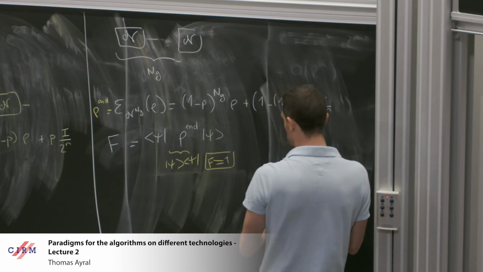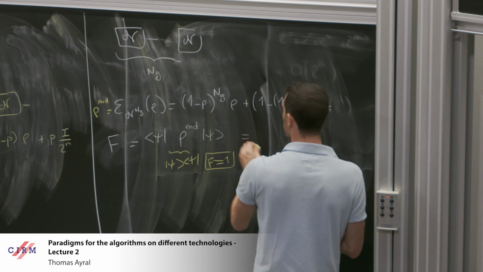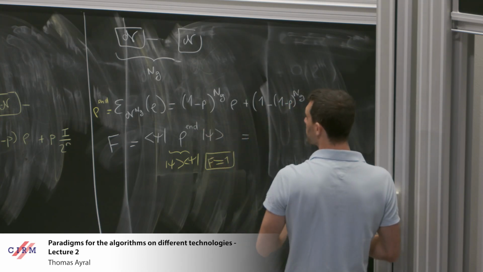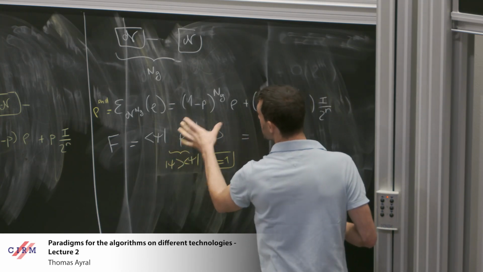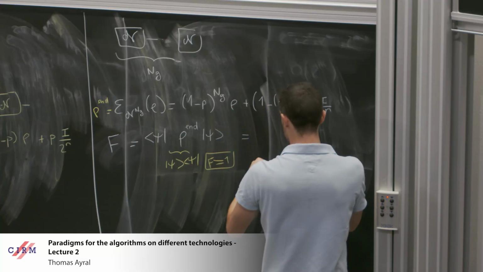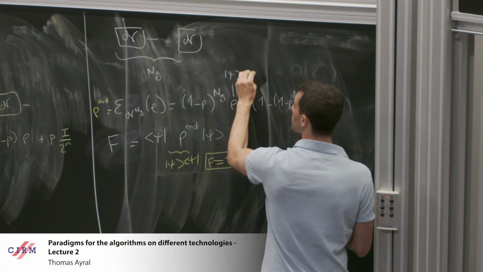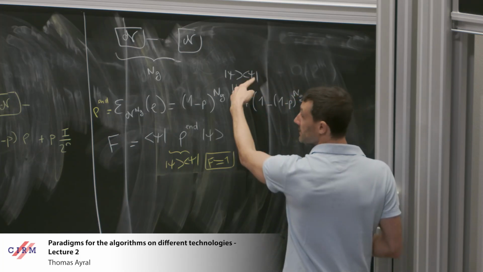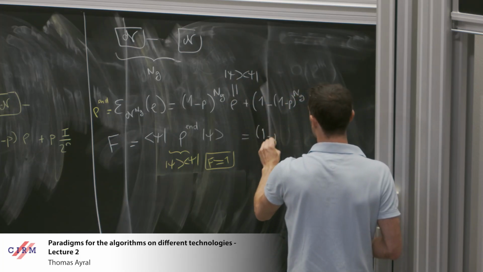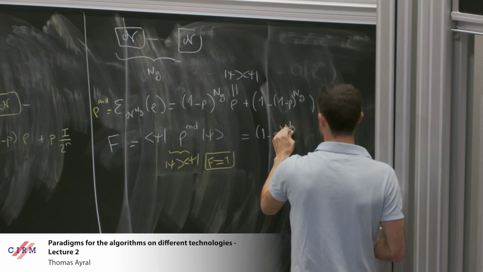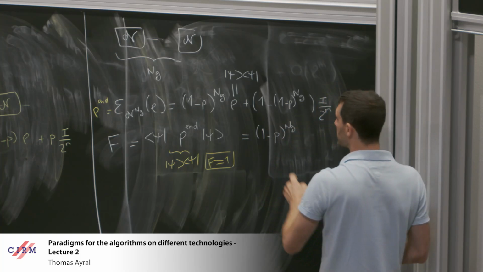But now what happens if you apply this formula to the expression above? You see that I put my psi, I sandwich, then the initial rho here is psi psi, it's the initial state. So this gives me 1, so I've got (1 minus p) to the power NG. That's the first contribution.